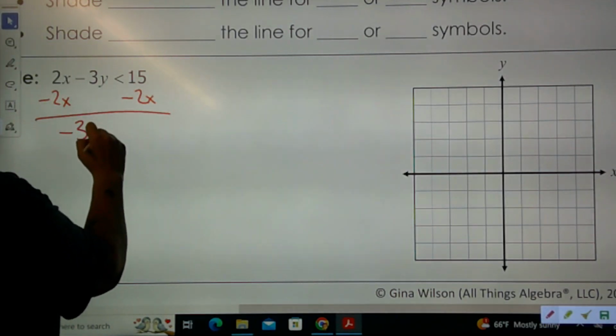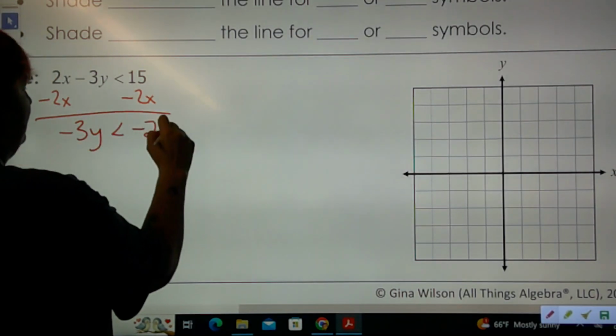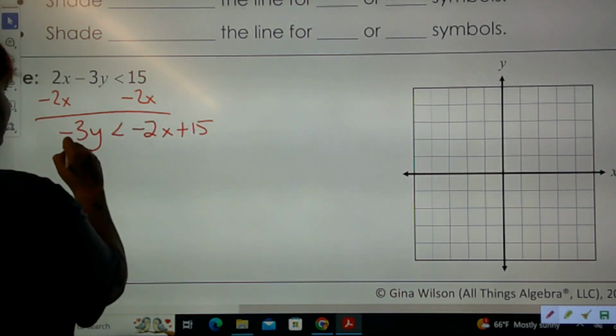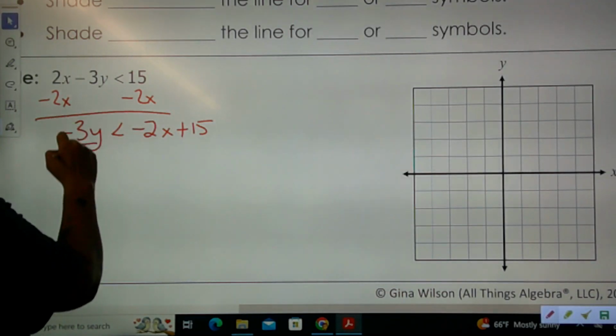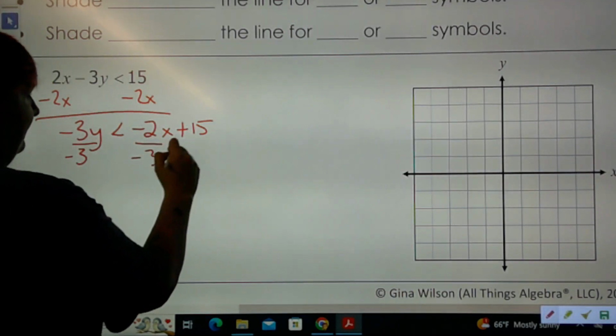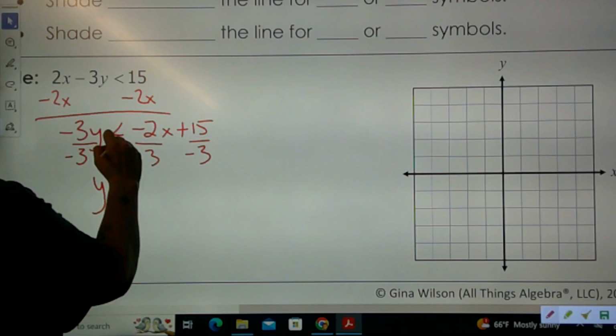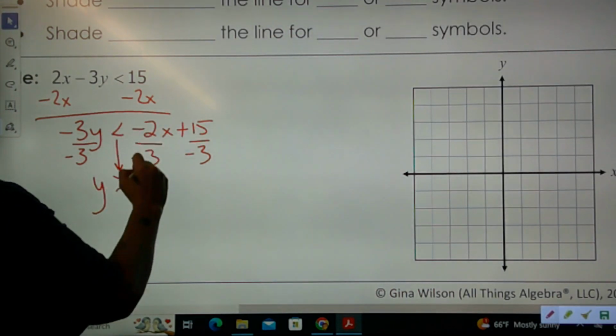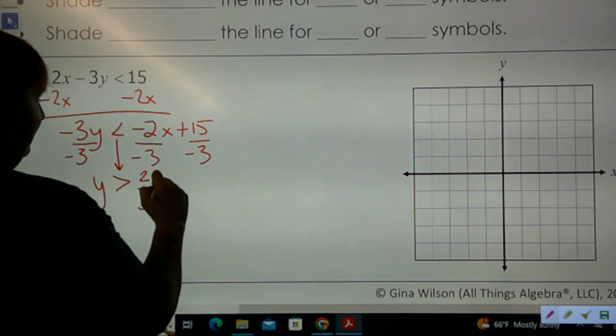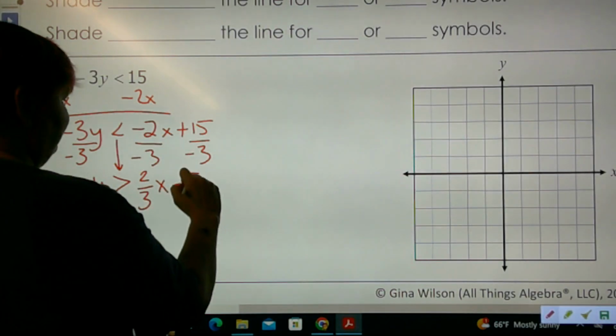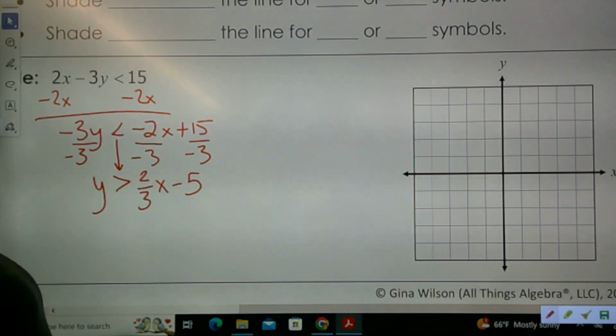It's going to leave you with negative 3y is less than negative 2x plus 15. Remember, if you multiply or divide by a negative, you're going to flip the symbol. It's going to become y greater than 2 over 3 x minus 5. Now it's in slope-intercept form.